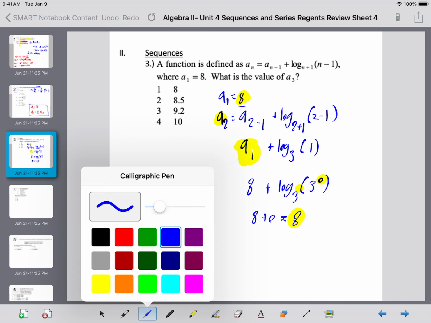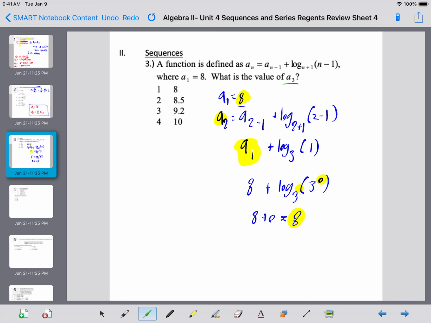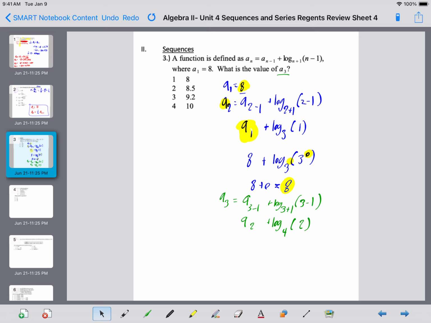So now, finally, for the answer, since we went to a sub 2, we could go to a sub 3. We're going to plug in 3 wherever we have n. Simplify. 3 minus 1 is 2. 3 plus 1 is 4. 3 minus 1 is 2. A sub 2, we said was 8.